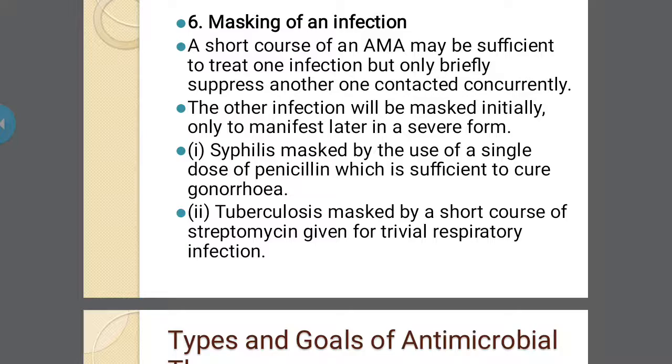So if they are used indiscriminately, then we may lose a resource for treating tuberculosis. So for treating tuberculosis, we have to keep the sensitivity of moxifloxacin, levofloxacin as well as clarithromycin at the upper level, so that indiscriminate use will not cause drug resistance.